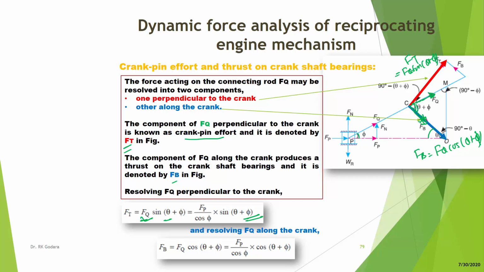Resolving Fq along the crank gives Fq cos theta plus phi, where again Fq is Fp over cos phi, multiplied by cos theta plus phi. This force will create a thrust on the crankshaft bearings, and Ft will produce a torque on the crankshaft, and that torque would be Ft multiplied by R.